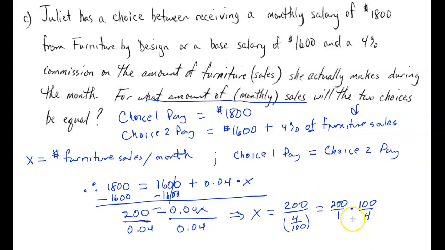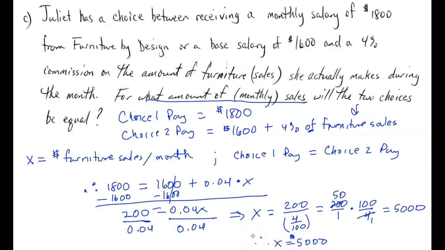So from here, I know that 200 divided by 4 ends up being 50. So I'll reduce that. And then 50 times 100 ends up being 5,000. So we see that X here is equal to 5,000.